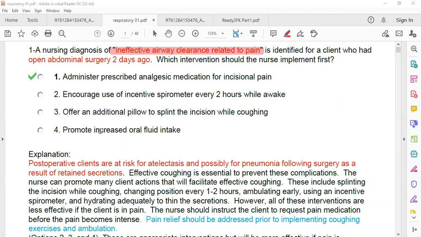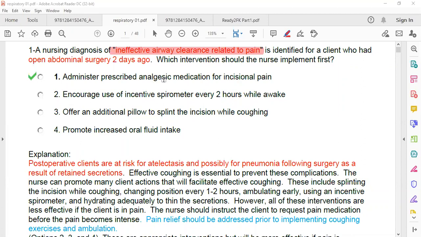So, encouraging fluid intake, telling them to use the spirometer or breathing technique, all are important, but pain management is the priority.